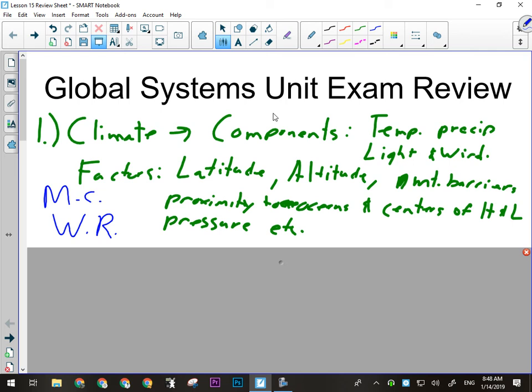This is part of the reason we did that climatogram activity, so that you would have a look at some of the areas of Canada and have some familiarity with it. So I would say it might not be a bad idea to review what you wrote down for your climate groups in the climatogram activity in order to help you with this question.